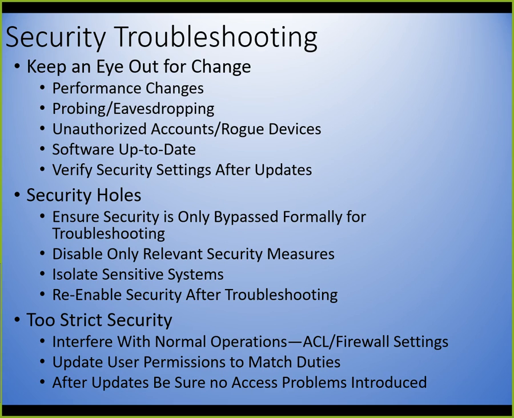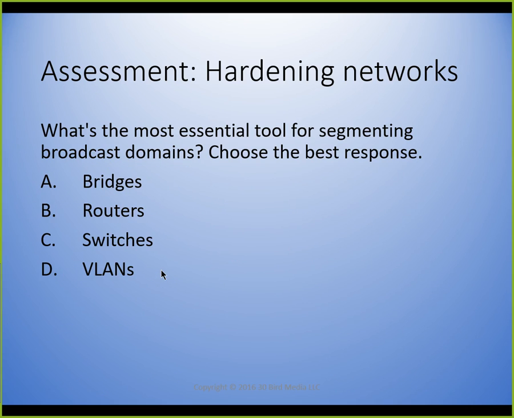What can they do? And after updates, be sure that no access problems were introduced by them. We're going to constantly be looking to see what changed, how it changed, and what the circumstances are. So I think that takes care of that particular topic.